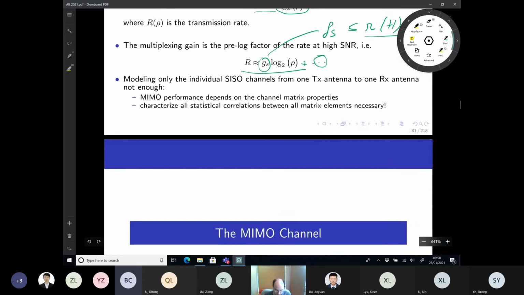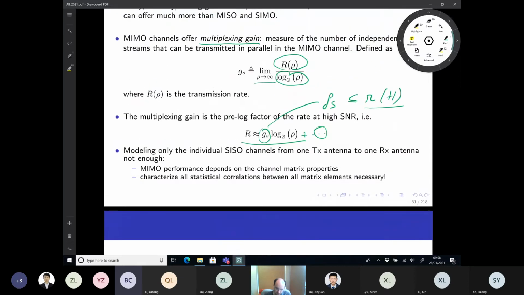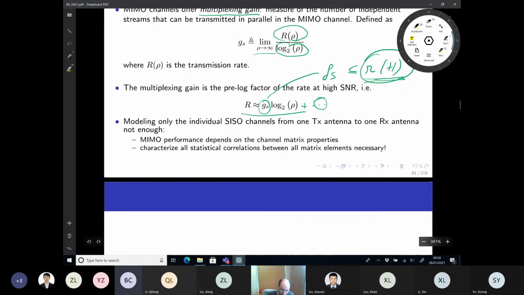Right, now you see that the rank of H is very important, right? Because that will determine essentially how many streams potentially you could transmit in parallel with each other. And how is this rank of H a function of the physics of the MIMO channels? Well, it turns out the rank of H will be a function of how all those different coefficients relate.